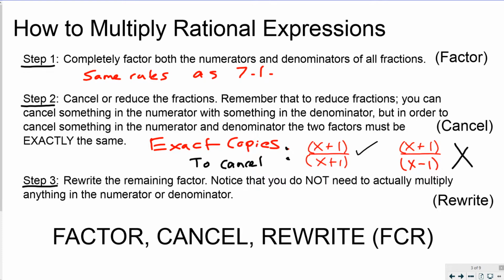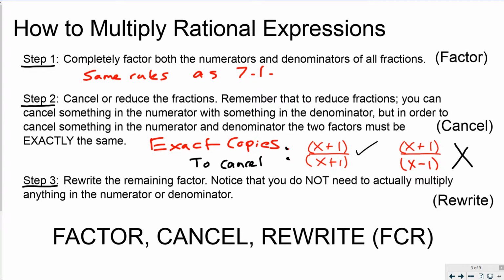There are going to be multiple rational expressions, multiple fractions happening. You're going to completely factor both the tops and the bottoms. Then you're going to cancel anything the top and the bottom have in common. Remember that to cancel something, they must be exactly the same.